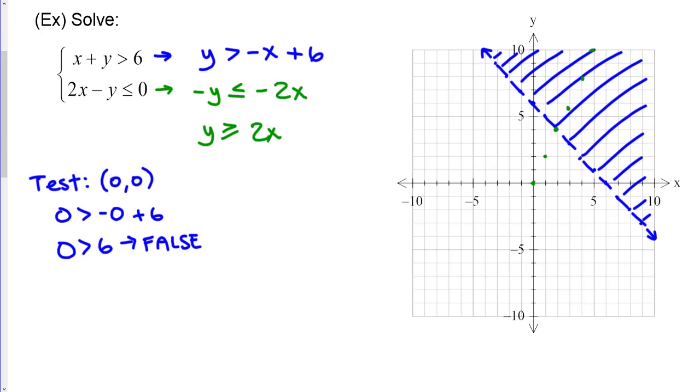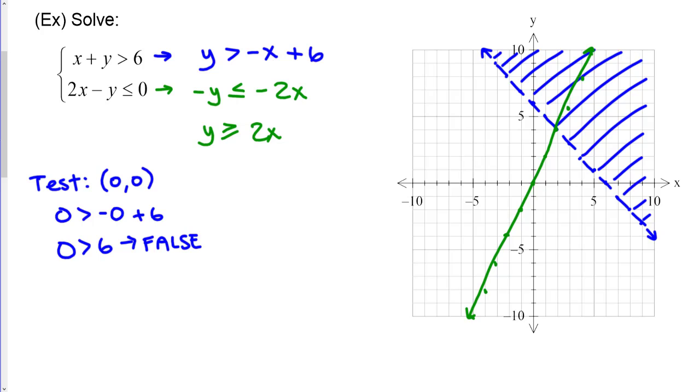And I'll do one more that way, or I could go down 2 and back 1 to get some additional points this direction, just to make sure I have a nice accurate depiction of my line. And this line is going to be drawn in with a solid line, because it's a greater than or equal to.